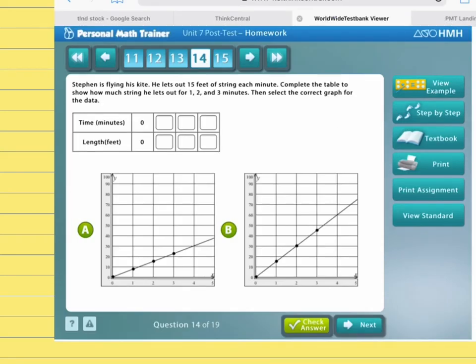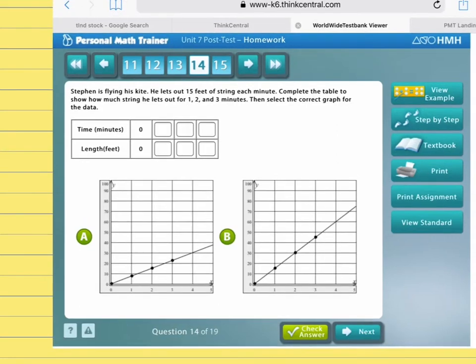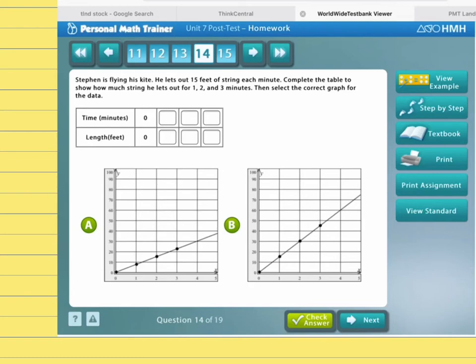If Stephen's flying a kite, he lets out 15 feet of string each minute. Complete the table. So after 1 minute, it's going to be 15. 1 minute, 15. 2 minutes, another 15, 30. 3 minutes, another 15, 45. So which graph matches this?